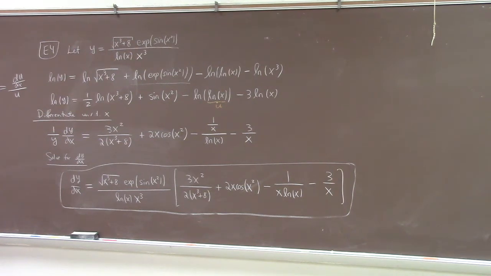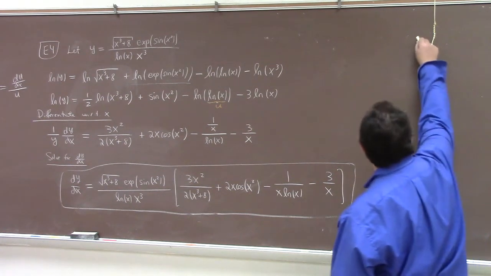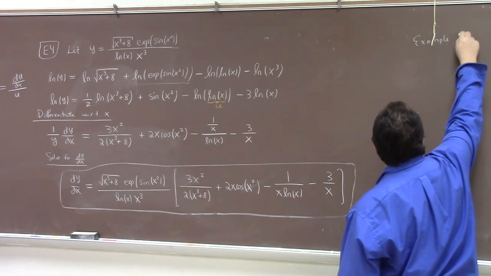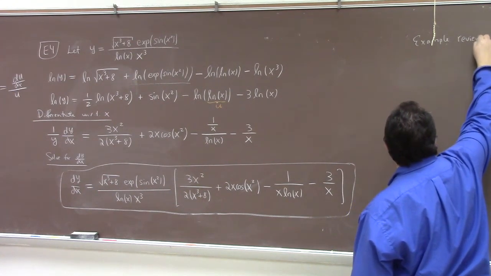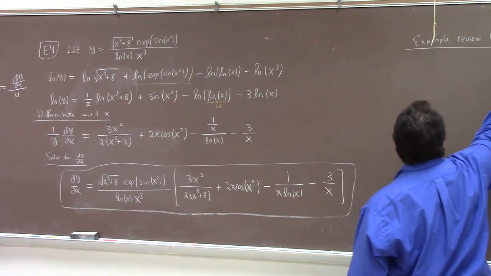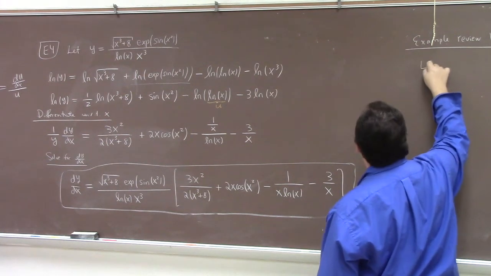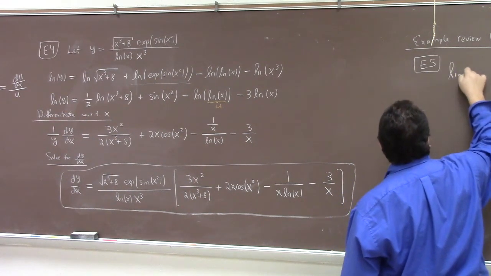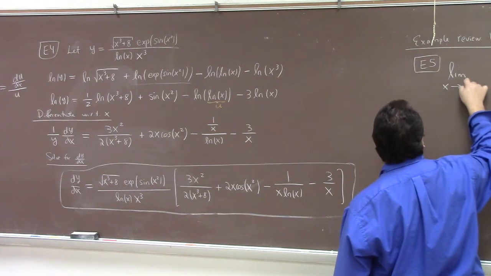Here, I'll look at a sample limit problem. Here's the limit as x approaches 1. Now, one of the things that's interesting about limits when you come back to it is that now we know L'Hopital's rule.